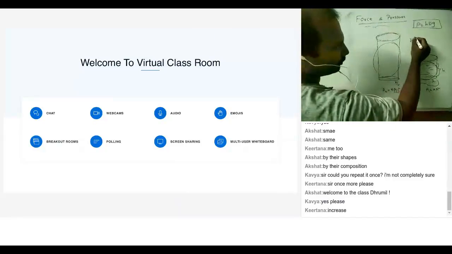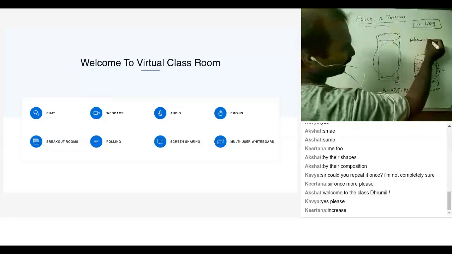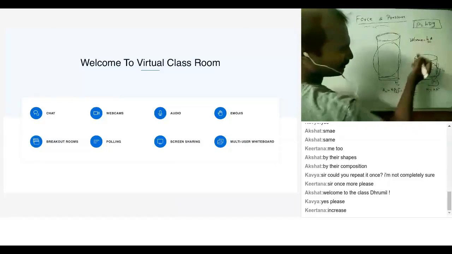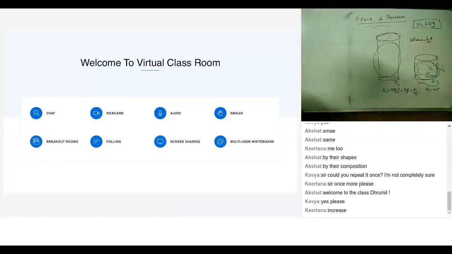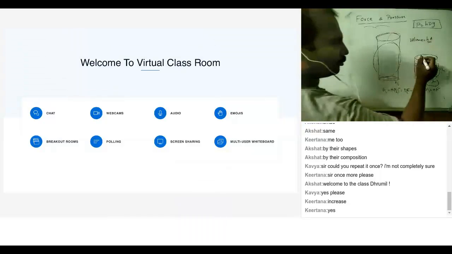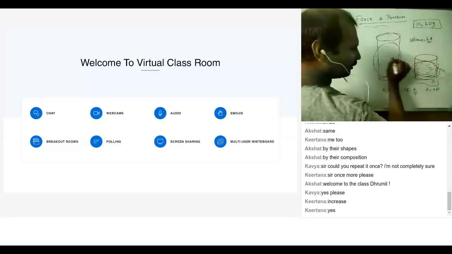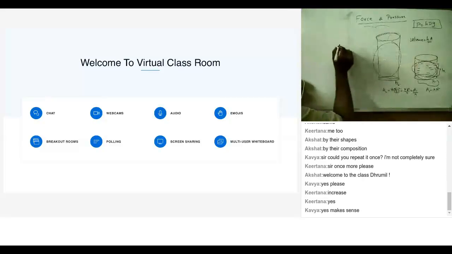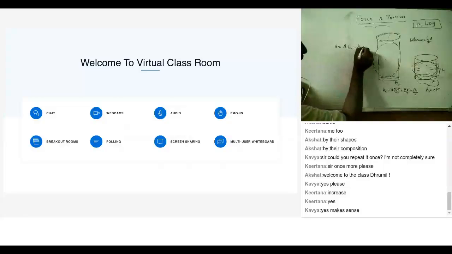Volume can be written as height into area of the base. Can I write volume as height into area of the base? Right? So volume of this fluid should be equal to volume of this fluid. So volume can be written as A1 H1 or A2 into H2.